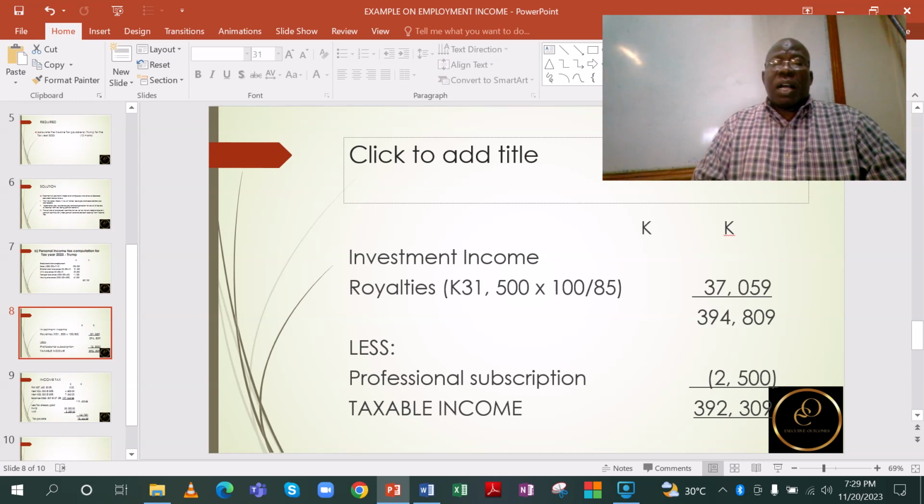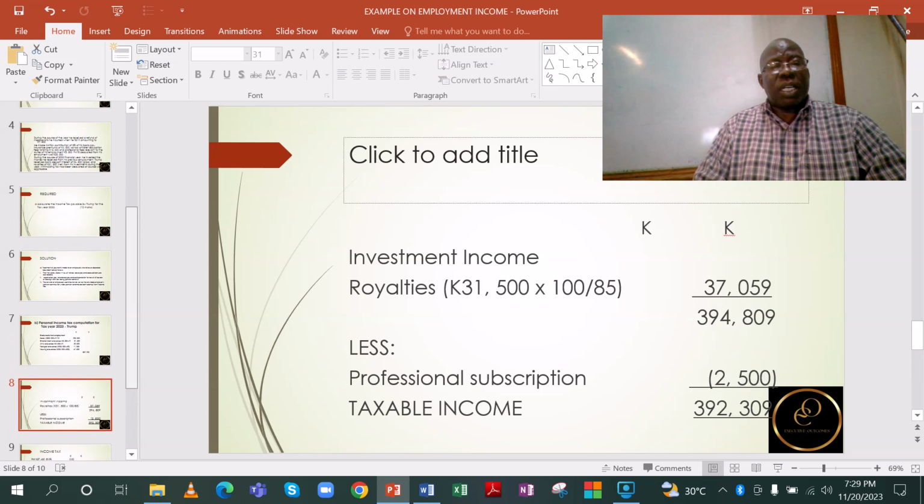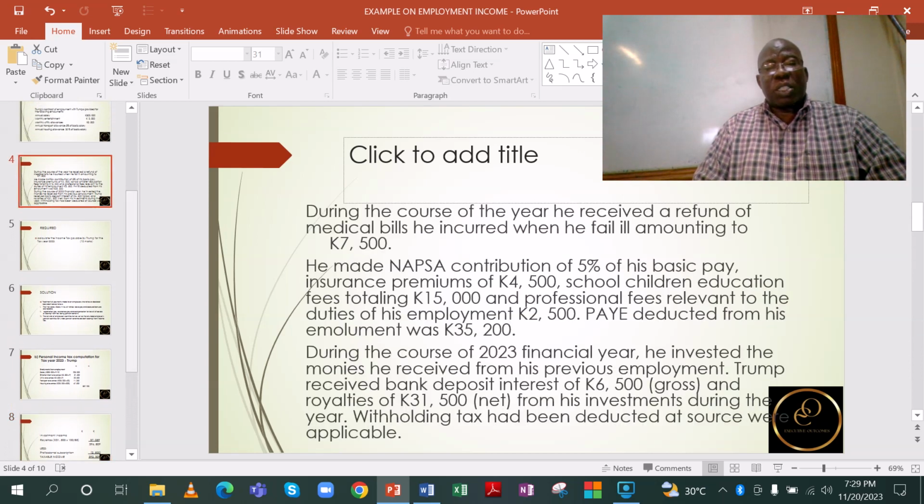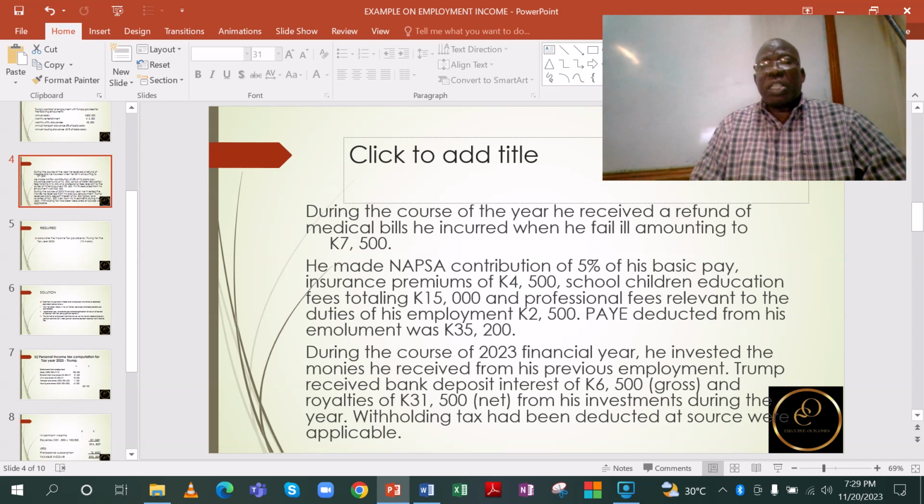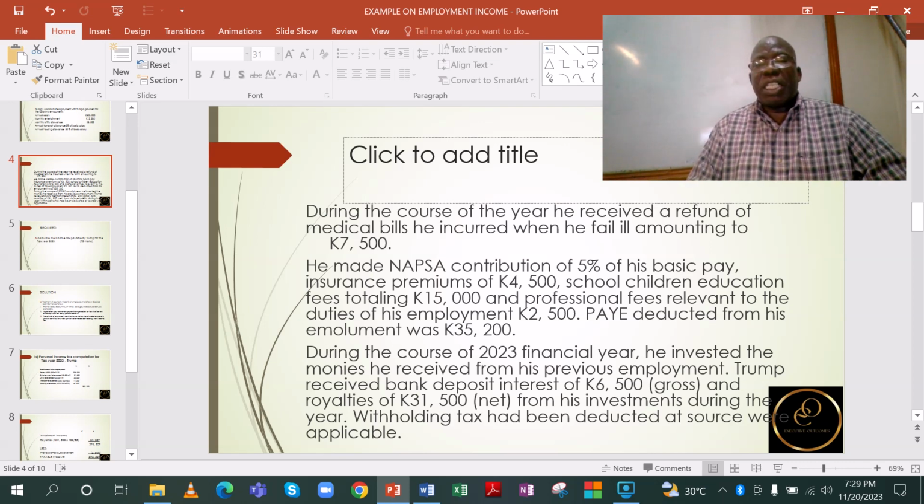which needs to be brought into a computation of this nature. Now, when you reach here, remember that you had professional subscriptions made. So what does the question say about professional subscriptions? You are told that he made a NAPSA contribution of 5% of his basic salary, meaning that it's not the company that paid, it's him who made the contribution himself.